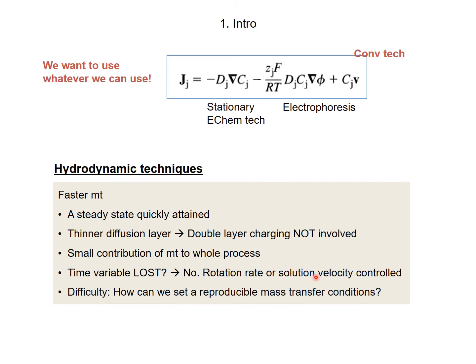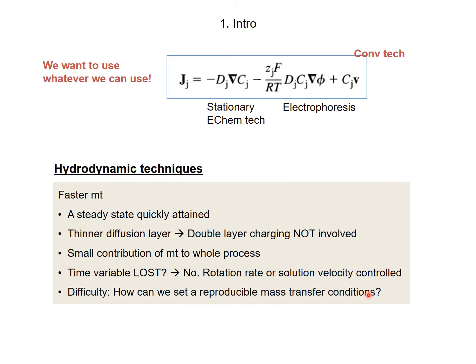There is a big difficulty. How can we set reproducible, and I'd like to emphasize this word, reproducible mass transfer conditions? Try to agitate or stir the electrolyte with your magnetic stirring bar.